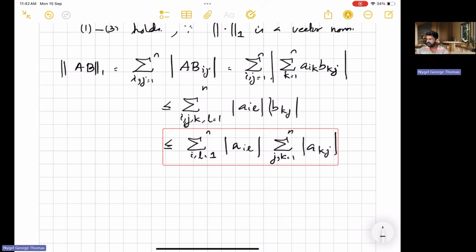We're taking the sum of products, and instead of taking the product and adding them together, we take the sums individually. Both are both positive, so this is like a product of two numbers.